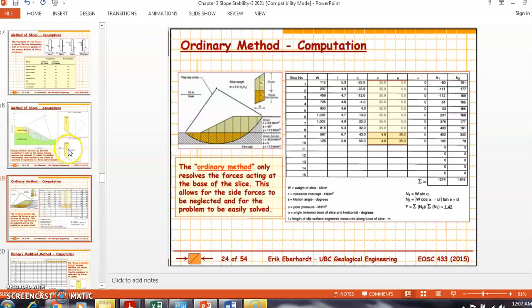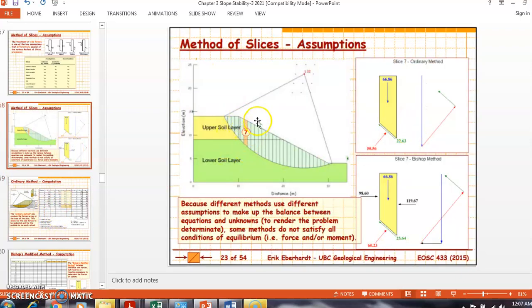But you can see here, these are the slices that you need to do when you have a failure plane. And one thing that you need to know, when you have a circular failure plane like this and the method of slices, the point that we assume as the origin of the radius for the circular slip is very important.